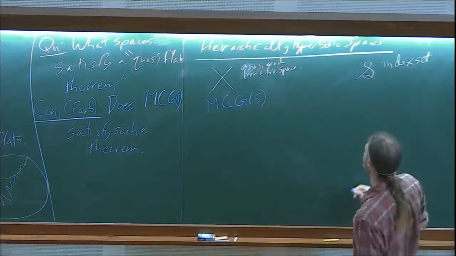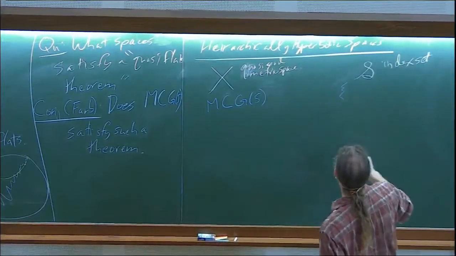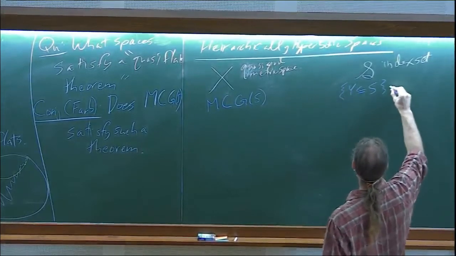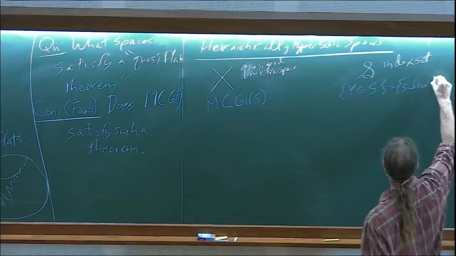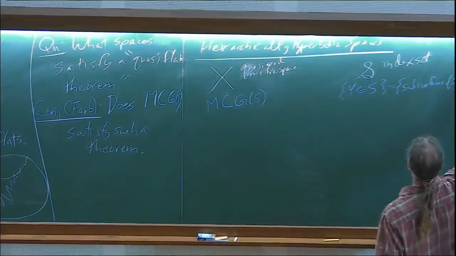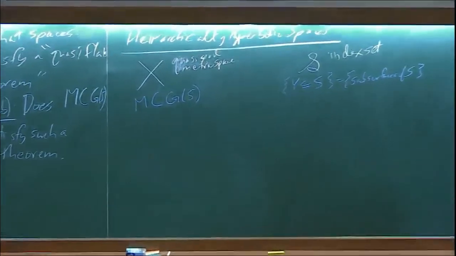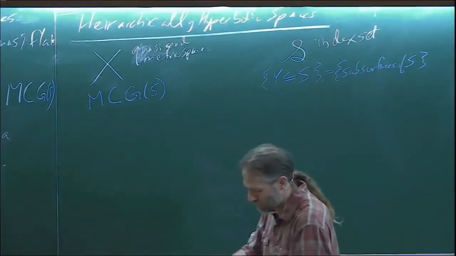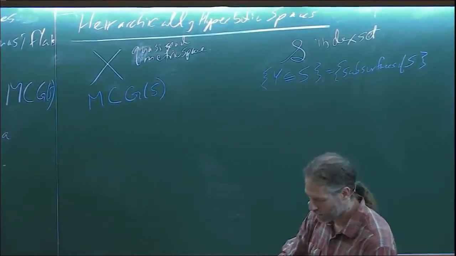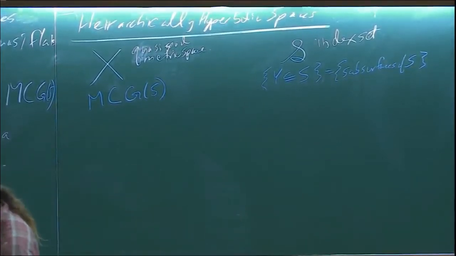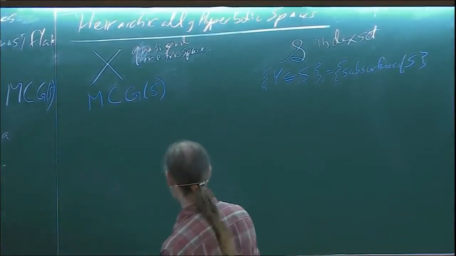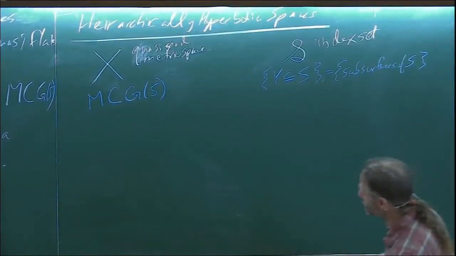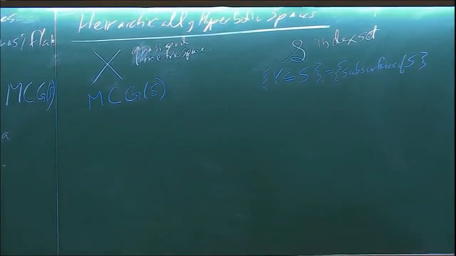In the case of the mapping class group, which I'll draw in blue, this is the set of Y contained in or equal to S. In other words, this is the set of all subsurfaces of S. And when I say subsurface, I mean homotopy class of non-trivial, non-peripheral, essential subsurface of S. So that's my index set.